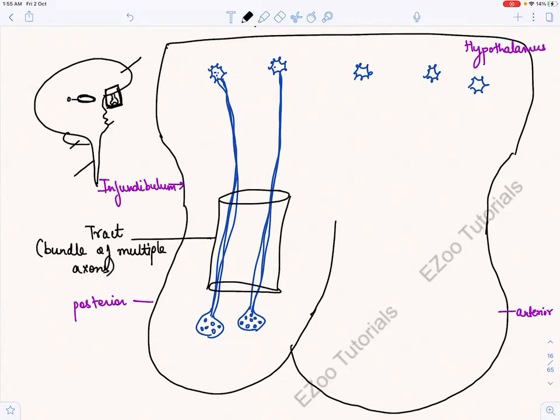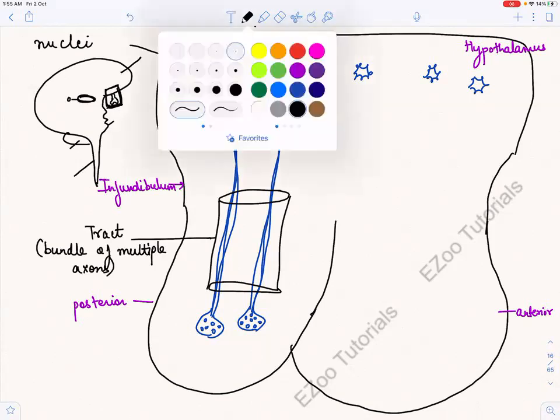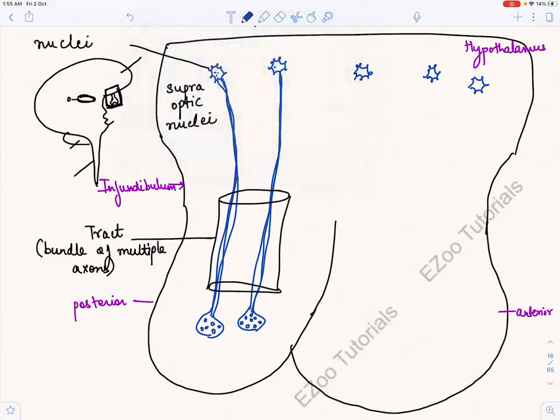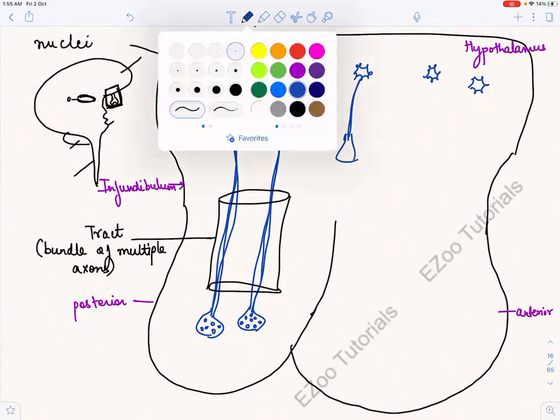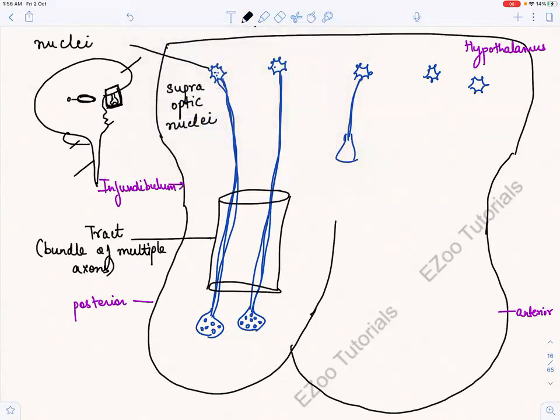And what are these that I have drawn? These are nuclei. And what are nuclei? They are multiple cell bodies. And these nuclei are known as supraoptic nuclei, right? I've made them with the same color. You can make them with different colors also, just to show that they are different. And this is the paraventricular nuclei.